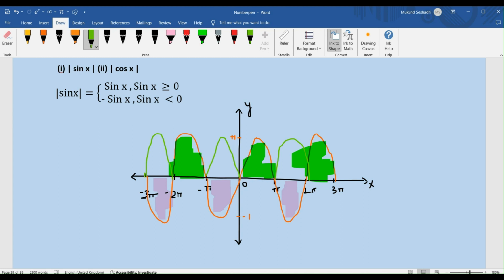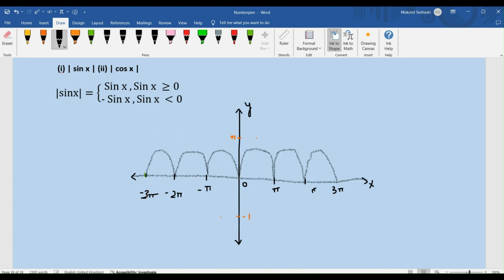So I wanted to start off with sin x and showcase how this particular diagram looks, and now I'm going to rub this off and directly see how our mod of sin x looks. So this is how our mod of sin x will look, folks. The function is throughout positive, and there we have the diagram on your screen.